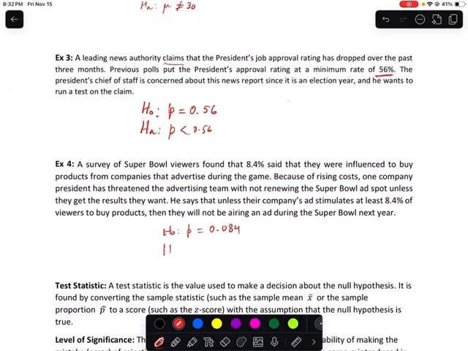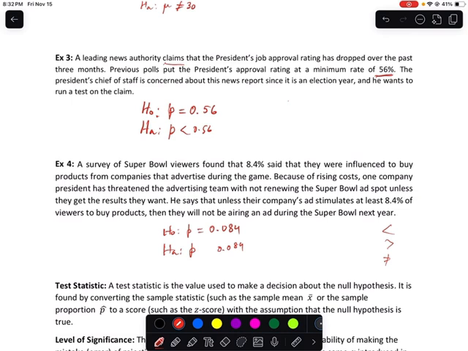So H A, we will have p, and over here we will have 0.084, but what symbol goes? It has to be one of these: less than, greater than, or not equal to. These are the only three choices that p in the H A can have.